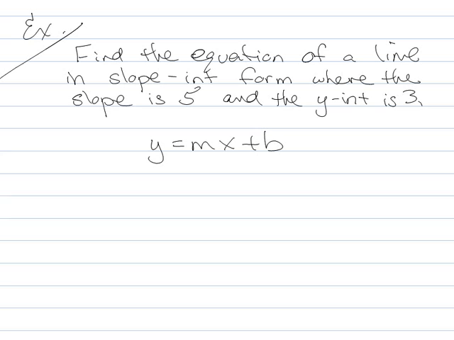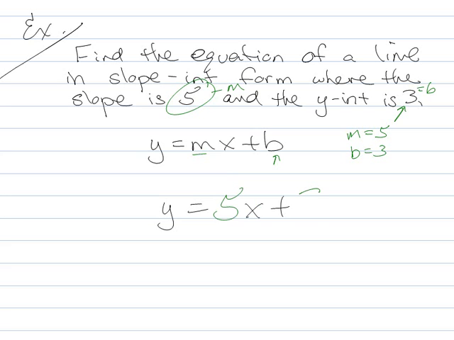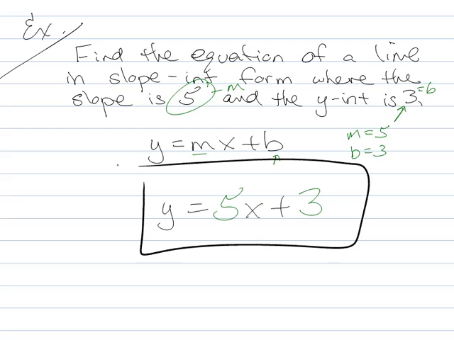And now we look. Where's our m? M is going to be 5. And what's our b? B is our y-intercept, so b is 3. So we have m equals 5, b equals 3, and all we're going to do is plug those directly into the equation, y equals mx plus b, and honestly, you're done.